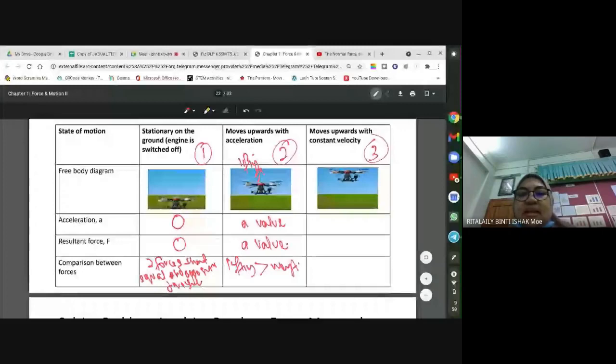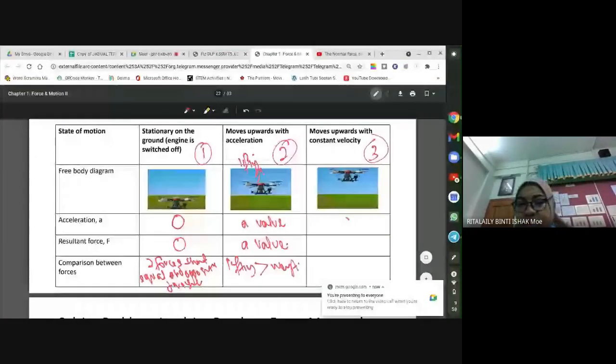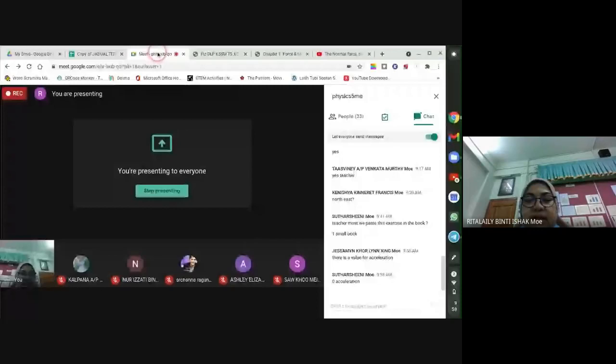Okay, so for the third diagram, Sutashini, what about the acceleration and resultant force for the third diagram? Okay, 0 acceleration. And then what about the forces? The resultant force, 0.